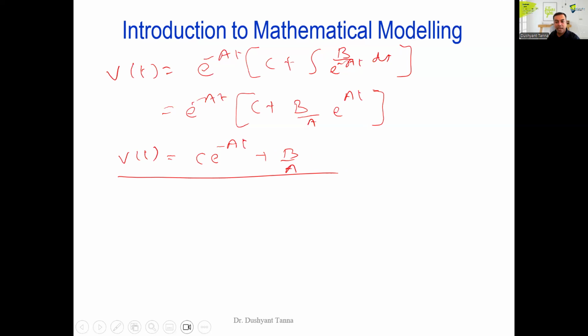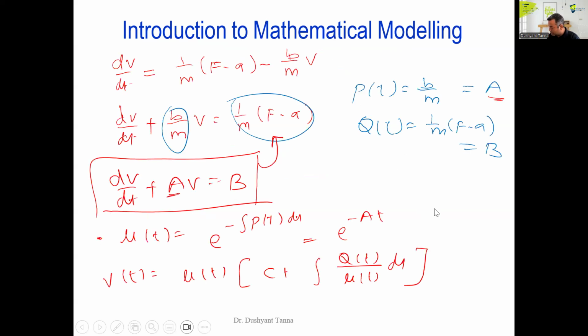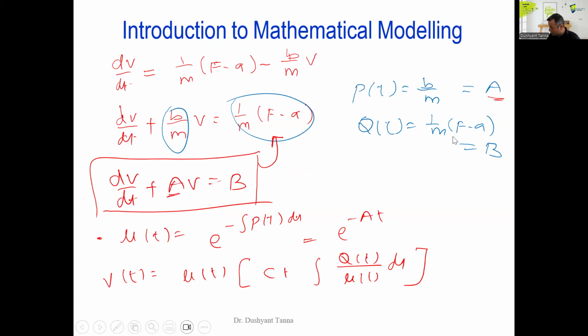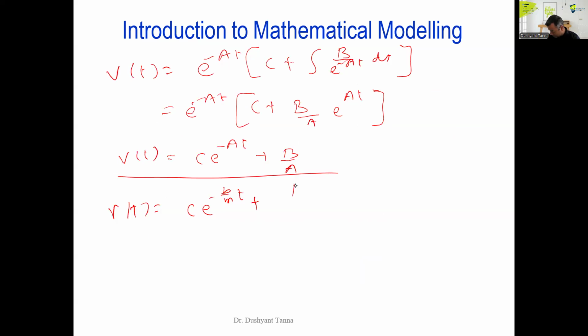Now we substitute back our A and B, right? C is the integration constant. What is our A? A is B over M. B is F minus A over M, times 1 over A, which is M over B. We simplify this, okay?